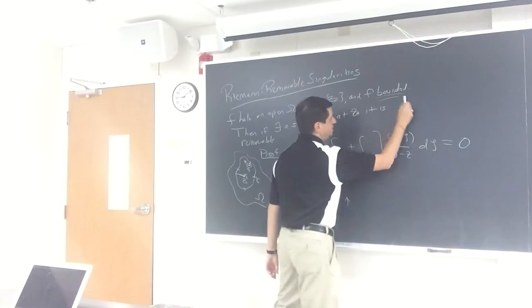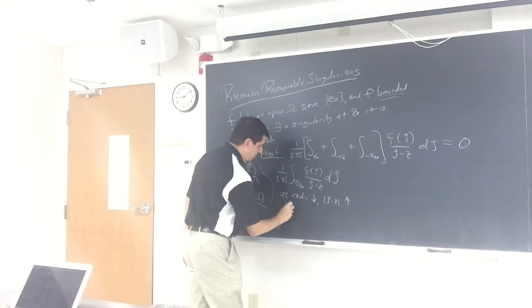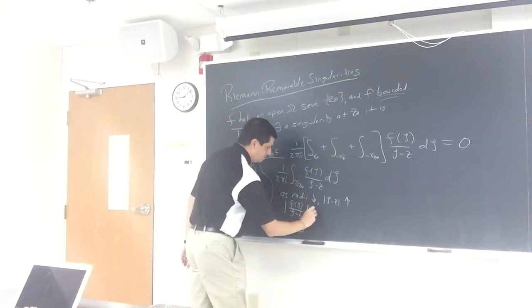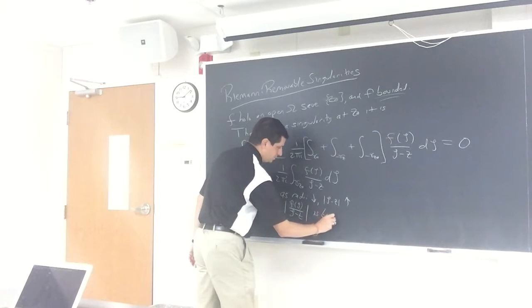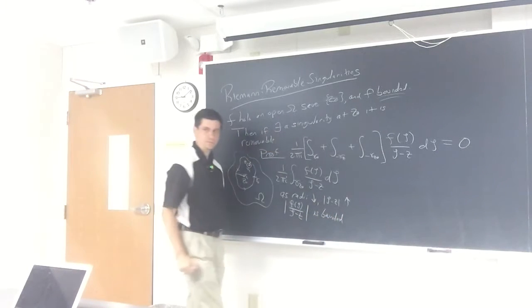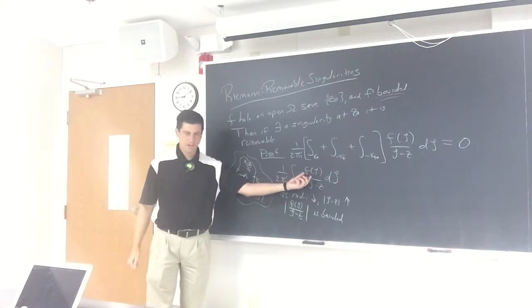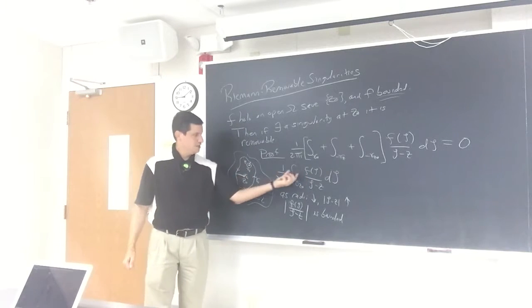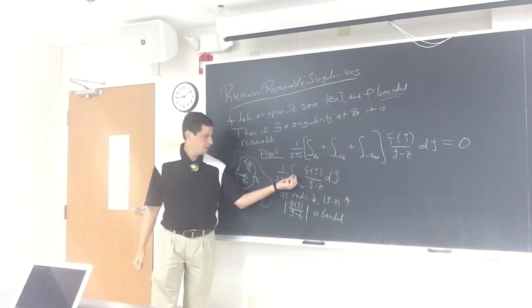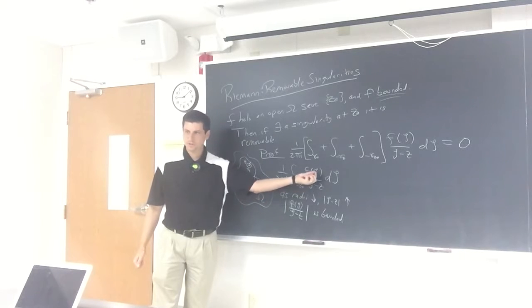And this is where we use that condition. So the absolute value of f of zeta over zeta minus z is bounded. So if this is bounded, as I shrink the radii to 0, this integral is going to be less than or equal to 2 pi times the perimeter.